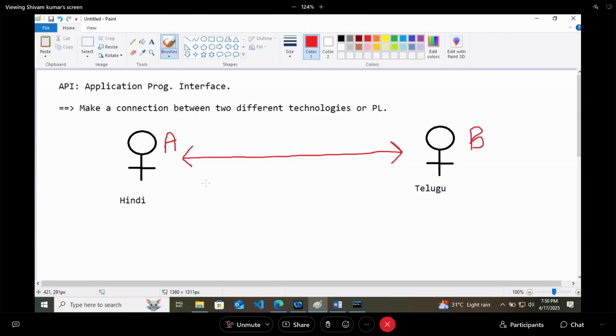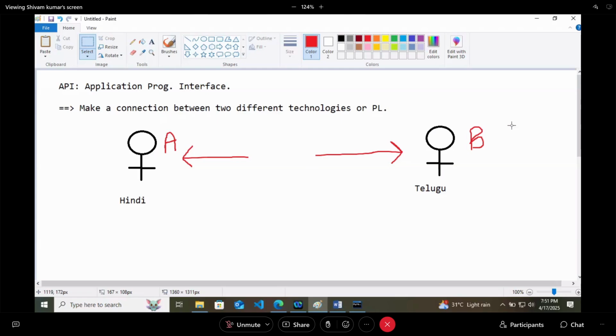There will be a human being who knows both Japanese as well as Hindi. Now let's say our prime minister greeted the Japanese prime minister by saying hello. That message the translator will translate into Japanese. Now if the Japanese prime minister says something in Japanese, let's say how are you, the translator will translate that part to Hindi or in a language that you can understand.